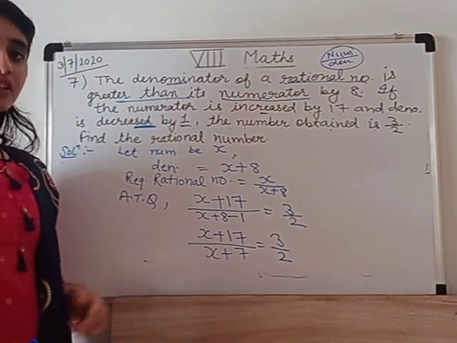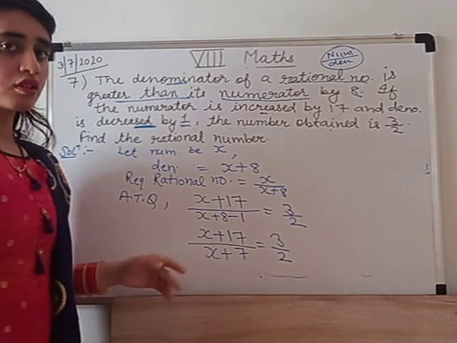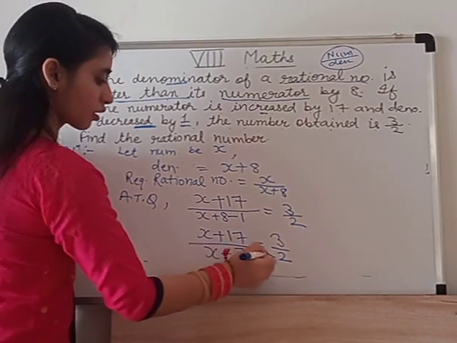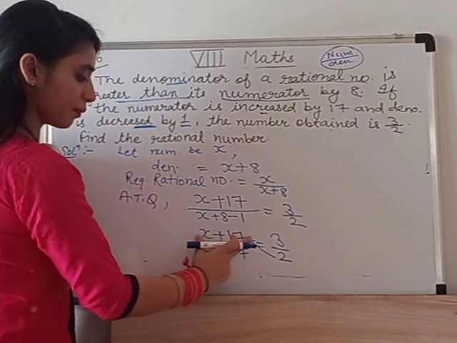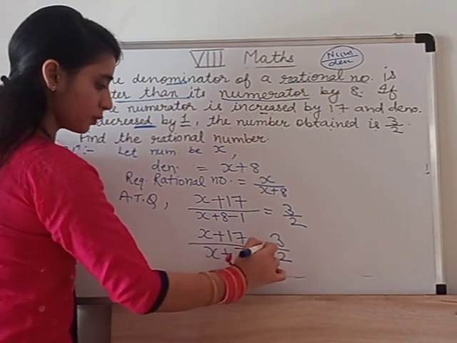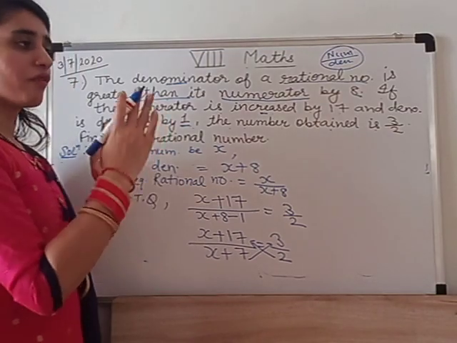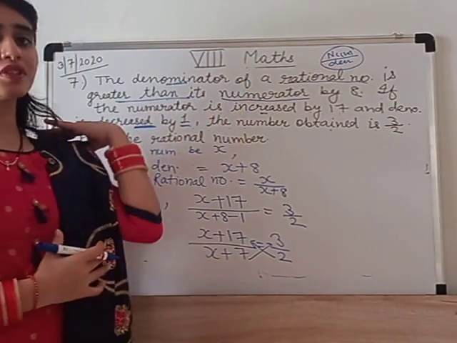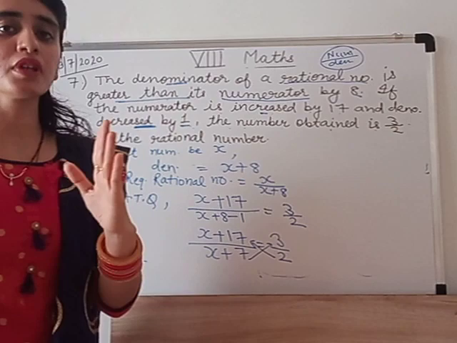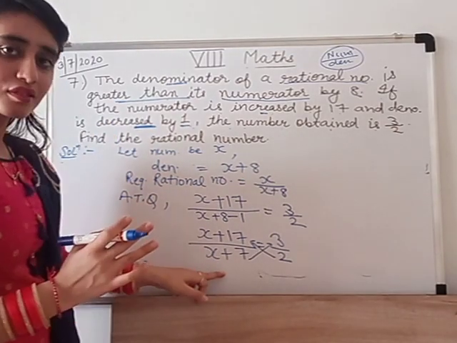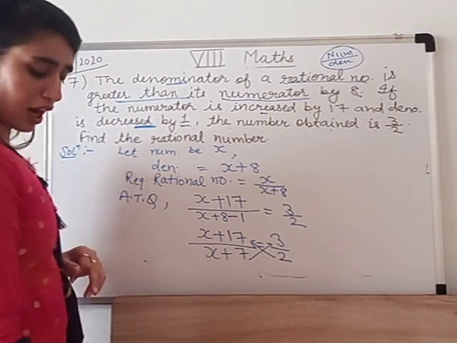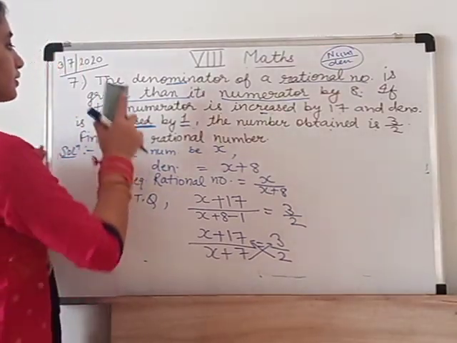Now start solving this type of equation. You already know, cross multiply this. 2 is multiplied with the whole term and x plus 7 is multiplied with 3. Means we have to put these linear terms in the numerators, because this one is in the denominator. So start cross multiplying.